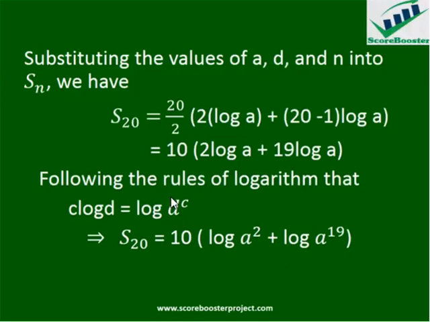Following the rules of logarithm, c log d is the same thing as log d raised to power c. So we apply the rule here. 2 log a is the same thing as log a squared, and 19 log a is the same thing as log a raised to the power of 19. So S20 will be 10 into log a squared plus log a raised to the power 19.